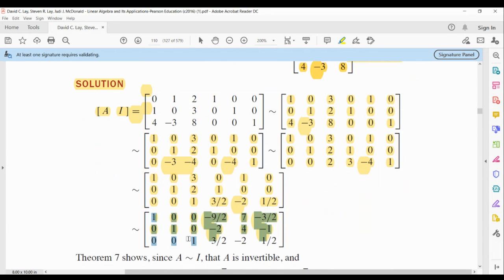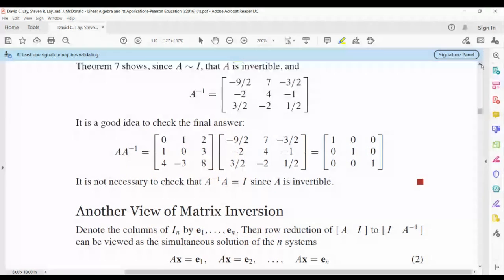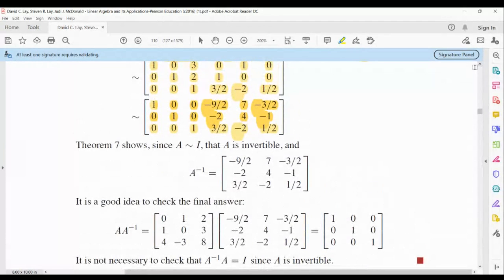Until finally they reduce the matrix A to the identity, and then the matrix on the right, the -9/2, 7, -3/2, -2, 4, -1, 3/2, -2.5, that matrix is automatically your inverse.